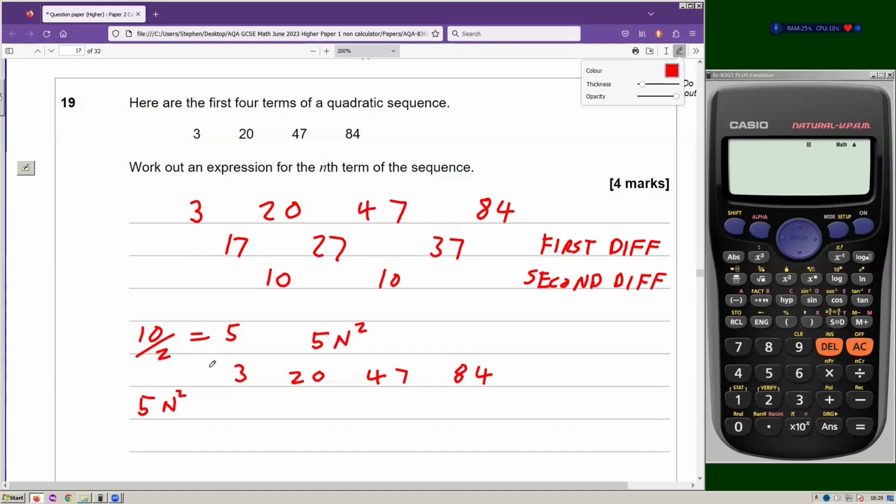That's the first term. So we go 1 squared is 1, times 5 is 5. 5 goes there. And then 2 2s are 4, times 5 is 20. 3 now: 3 3s are 9, 9 5s are 45.